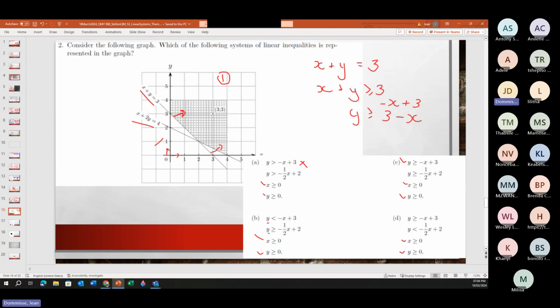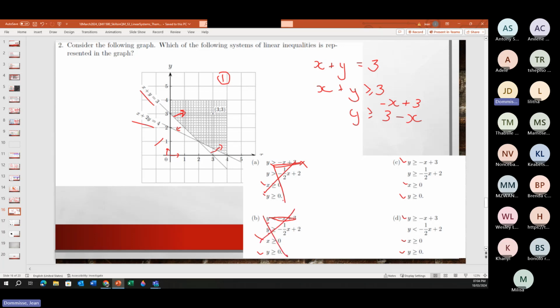It's not smaller. If it was smaller, it would have been lying to that side. So it's not that one. Y bigger or equal to minus x plus 3. So at the moment, we're basically between option C and D. Sorry for that. So already we eliminated that one and that one.